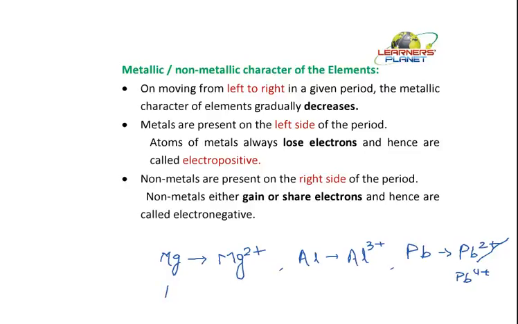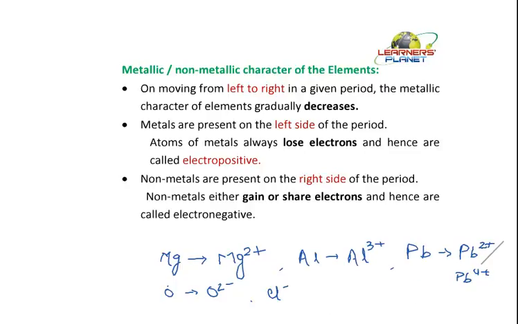Like oxygen, what type of ion does it form, students? Oxygen forms O2-. Chlorine forms Cl-. So non-metals form negative ions. This is the very basic chemical difference between metals and non-metals.